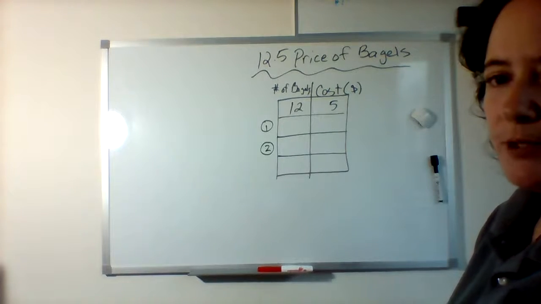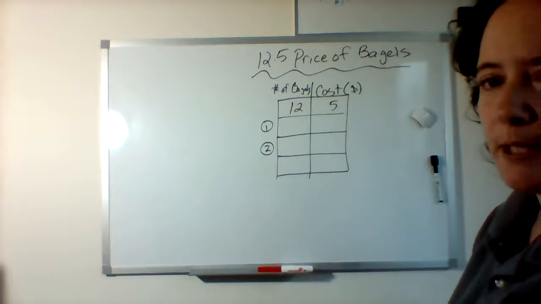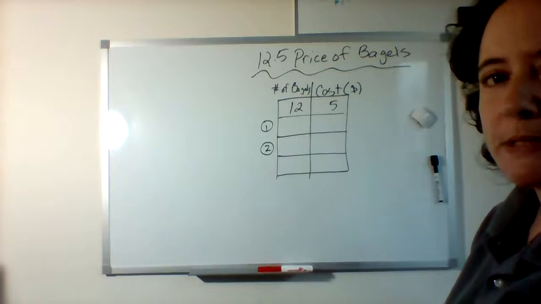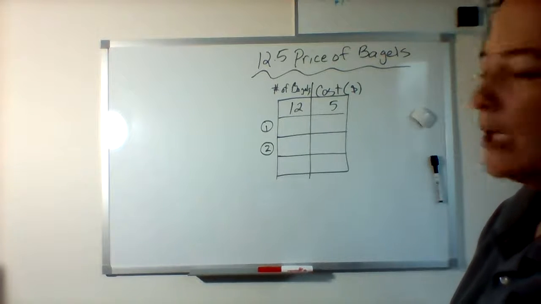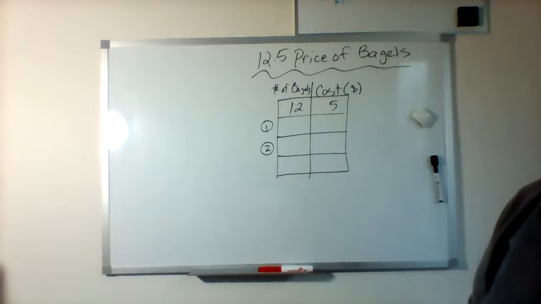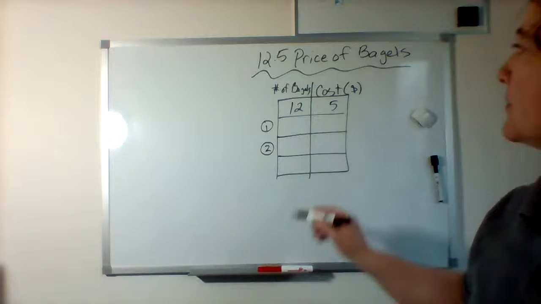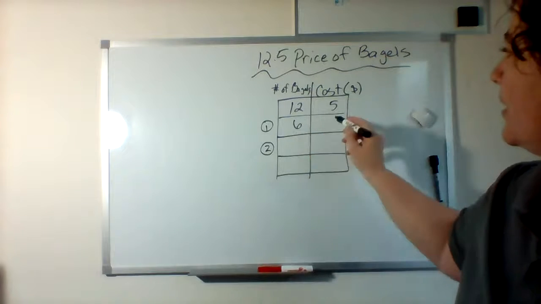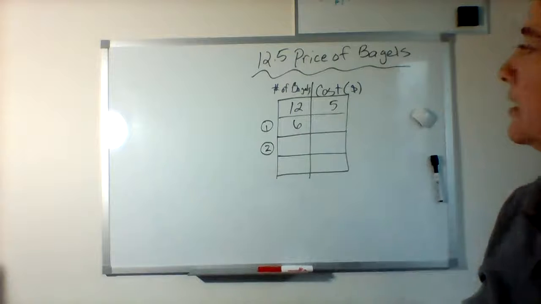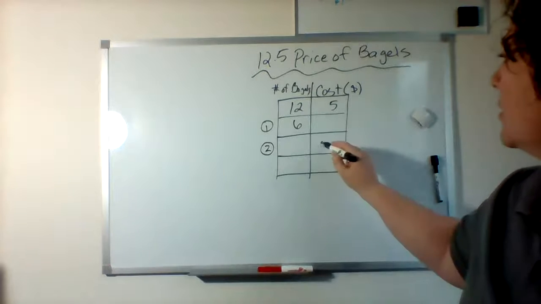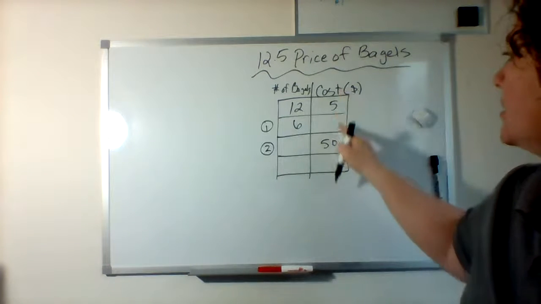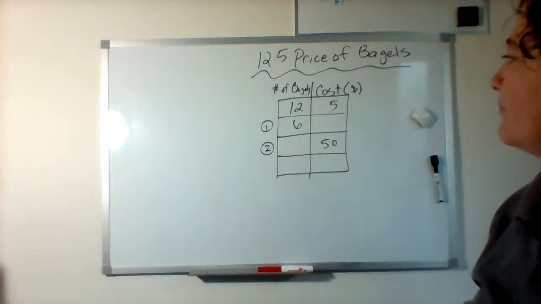Yeah, I agree. Thank you, Mr. Casamento, for bringing that up. We're missing a lot of people. For number 1, they said at this rate, how much would 6 bagels cost? Well, that goes there, and this is my question mark right here. And then for number 2, it says how many bagels can you buy for $50? So the $50 goes here in cost, and I want to know that.